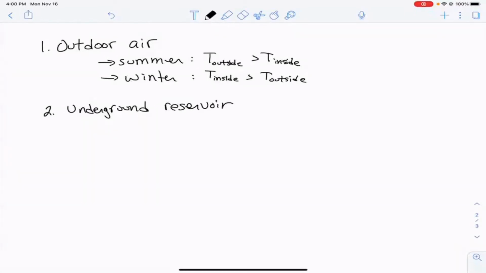And in the second case, where we have an underground reservoir, if we want the house to be at constant temperature, the relationship between the inside and the outside temperature is always the same. Really what I mean by that is, for the underground reservoir, the temperature inside is always greater than the temperature of the reservoir.